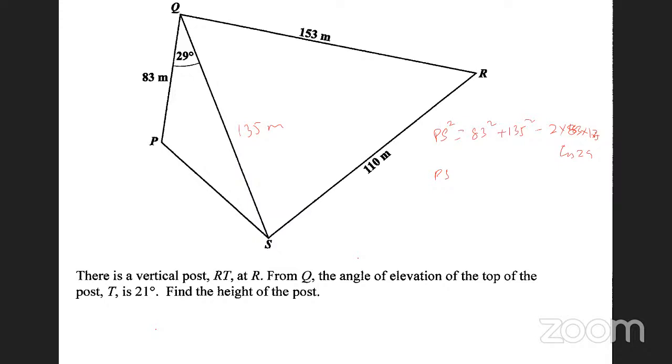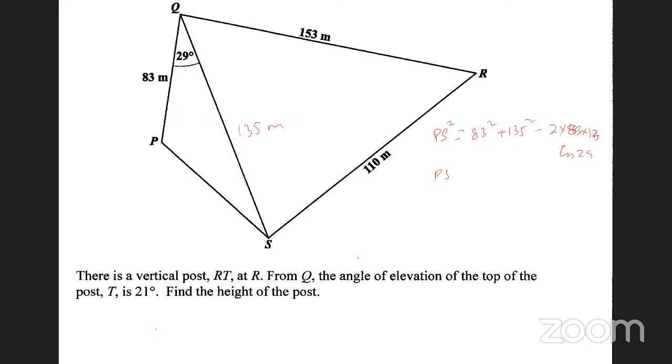So I square it all at one time. 83 squared plus 135 squared minus 2 by 83 by 135. Make sure my calculator is in degrees, right?